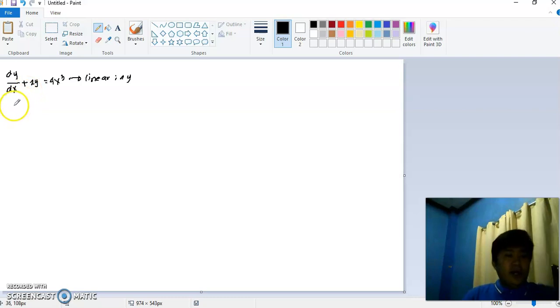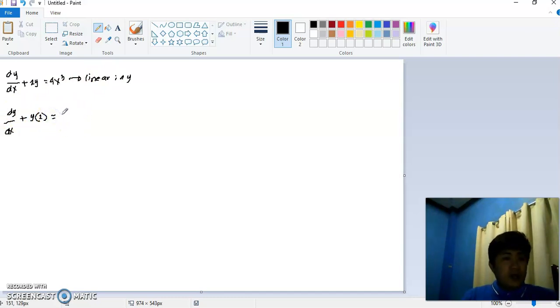From here, we will now get our p of x and q of x. So we have here dy over dx. The question is, what is our p of x? Again, we need to put the y, and what remains are all p of x. We just separate the y, and the one that remains there is your p of x, the same as your p of y if you are in linear in x.